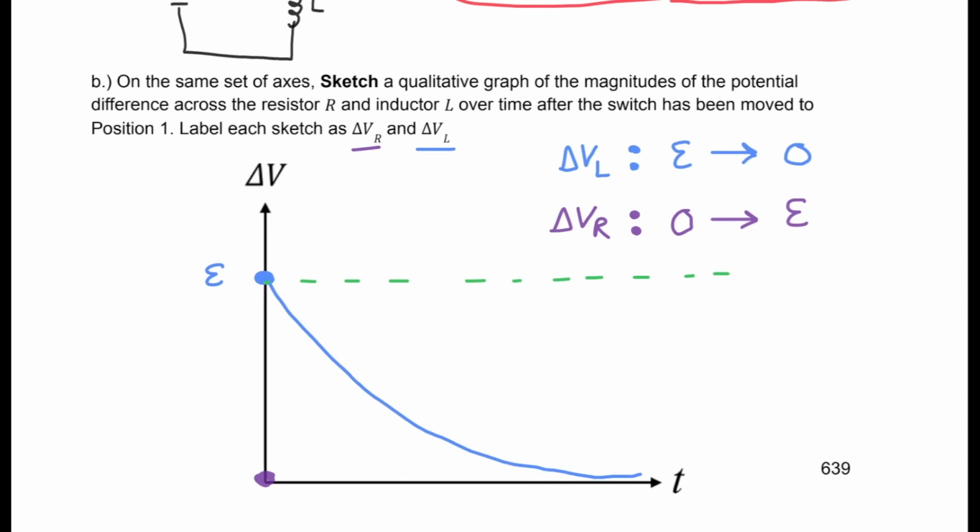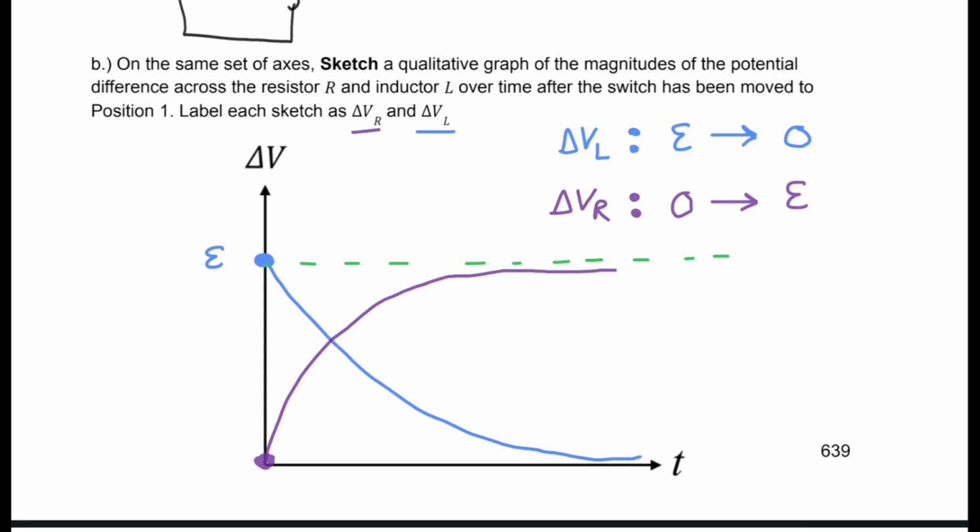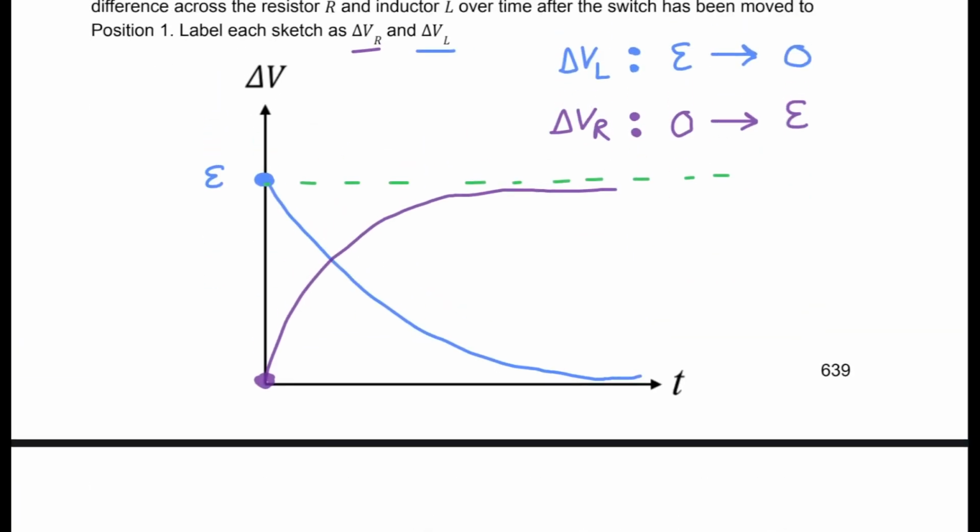So if we're to actually write functions for each of these, the resistor would have the battery EMF times quantity 1 minus e to the minus t over tau, whereas the inductor would just have the battery EMF times e to the minus t over tau.